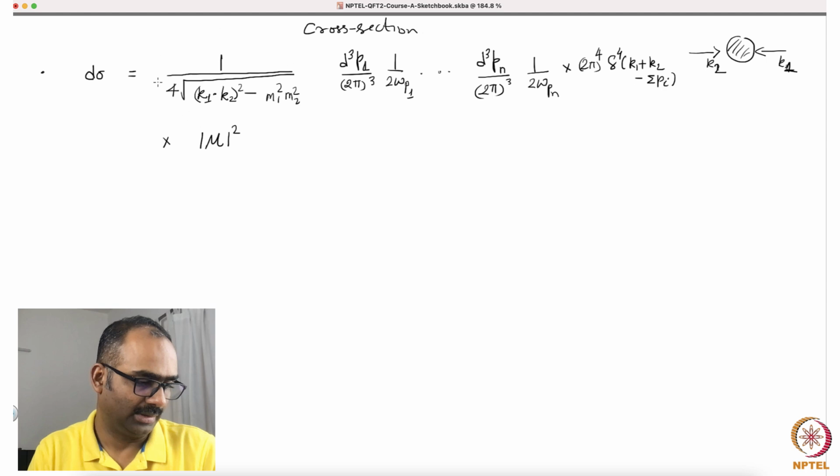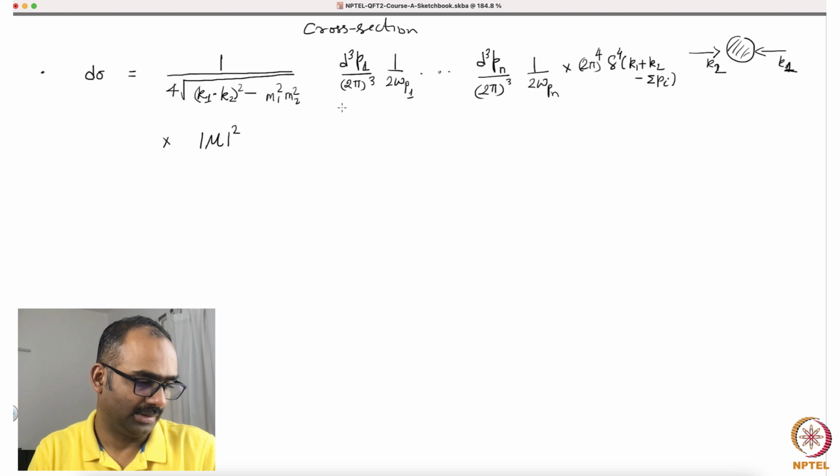So it is equal only in this collinear limit, where k1 and k2 are along the z-axis. Then it's invariant under boost along z. But other than that, all other factors are Lorentz invariant.